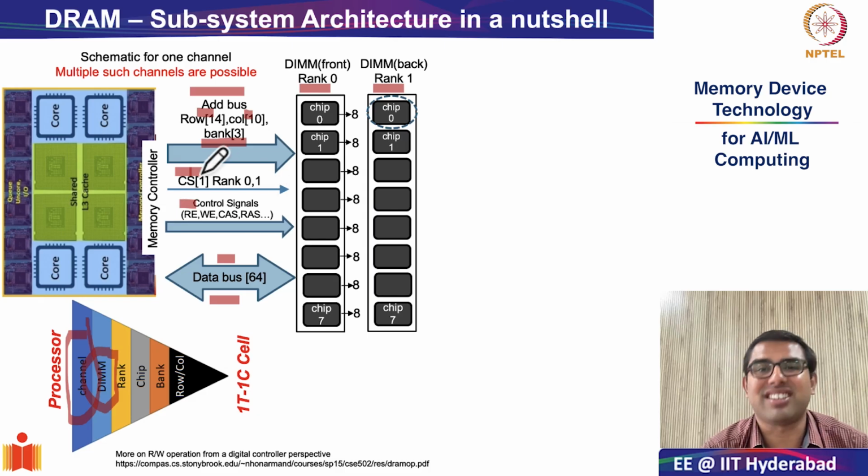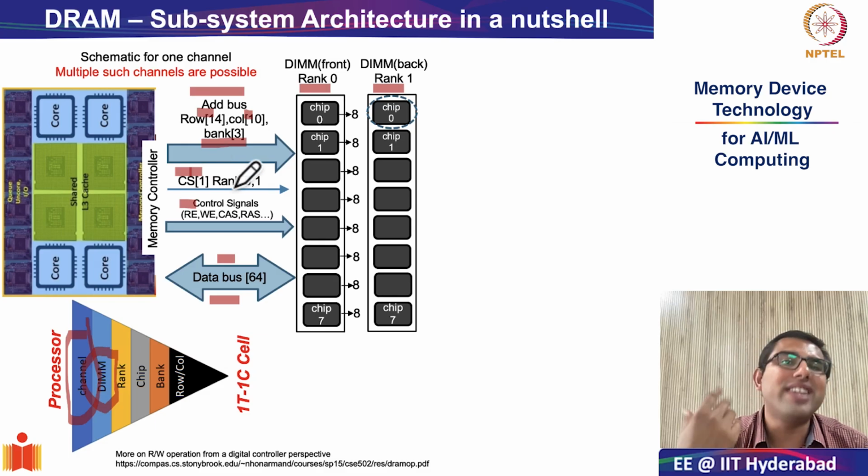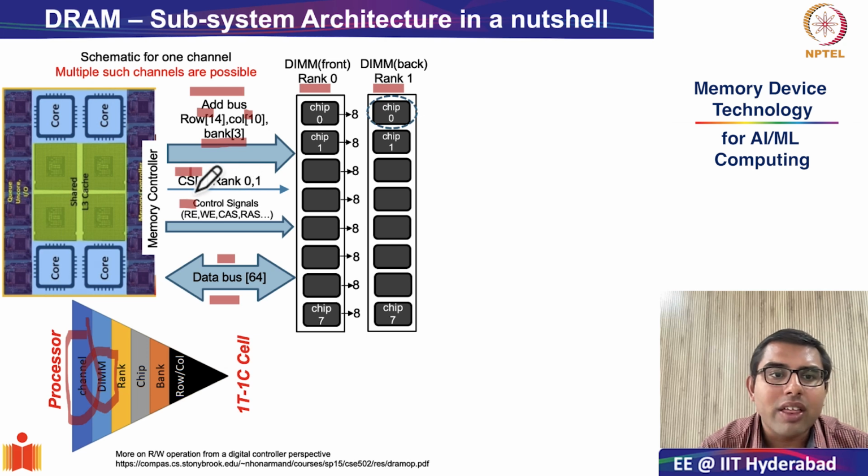And this chip select, which is 1 bit, actually selects which rank is to be selected in the dual inline memory module. Now, common sense would suggest that if there are more than 2 ranks, say 4 ranks or 8 ranks, 4 ranks is also used in server chips, the number of bits that the memory controller has to give out as chip select will keep increasing.